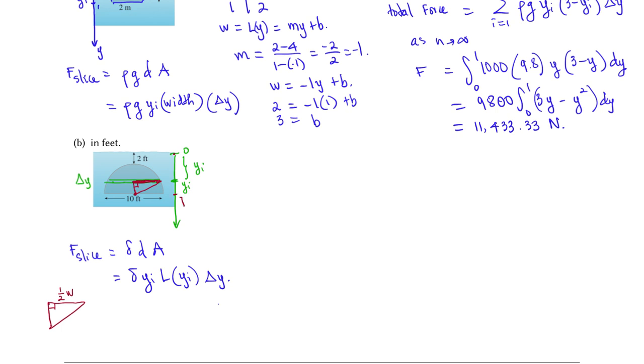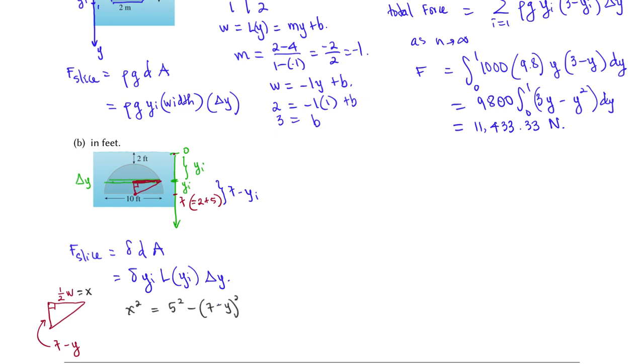The vertical distance is 7 minus yi. The radius is 5. In this right triangle, the vertical leg is now 7 minus yi. The hypotenuse of this right triangle is the radius of the circle, which is 5.